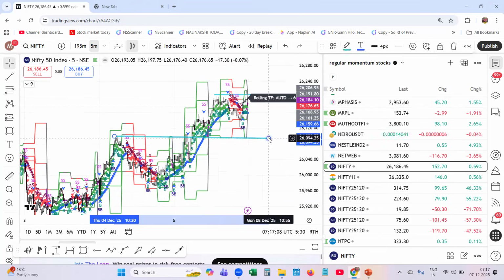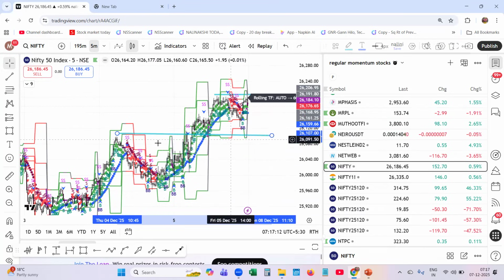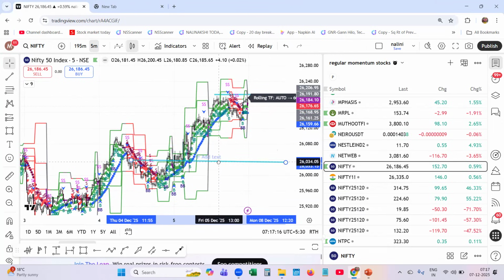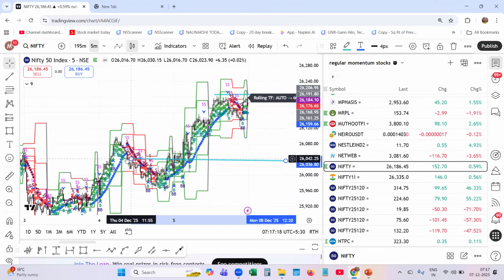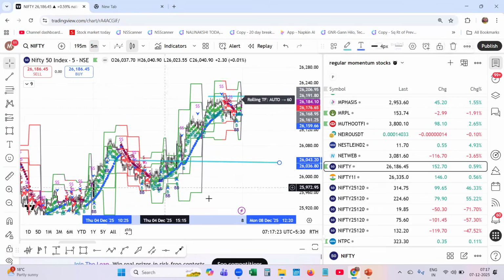We need to see whether it is going to correct to 26,088 or a little bit deeper, anywhere around the middle of this. It may correct to 26,037 because that is the market cycle.